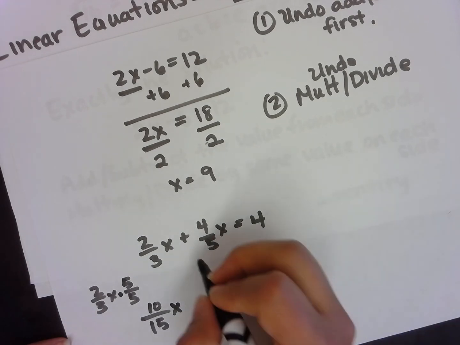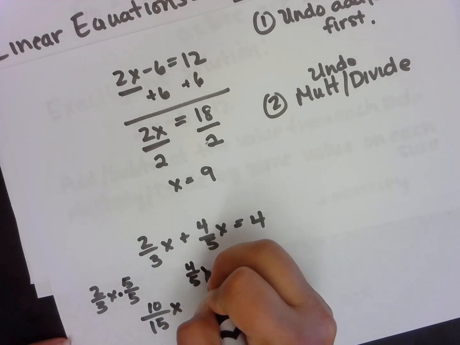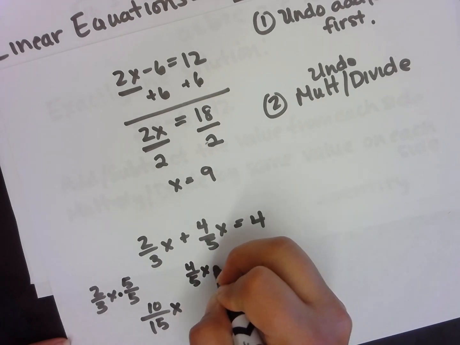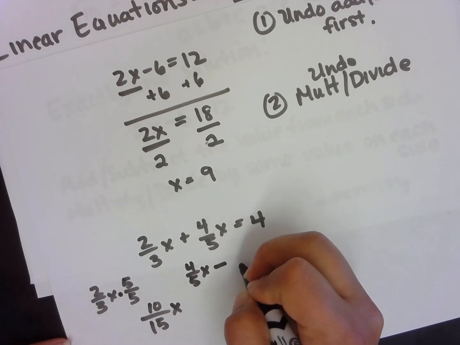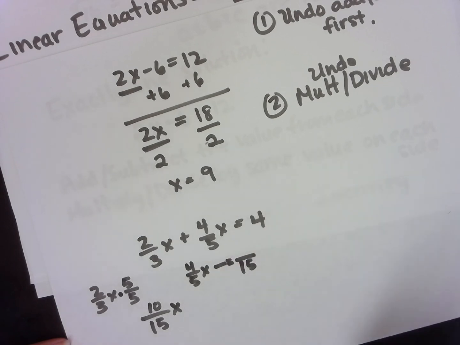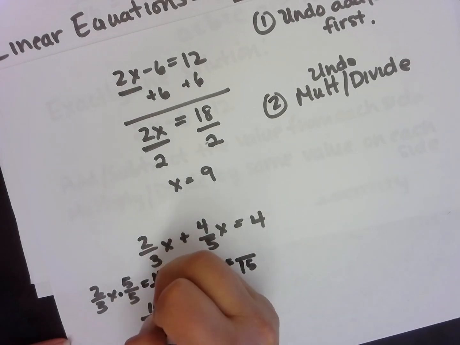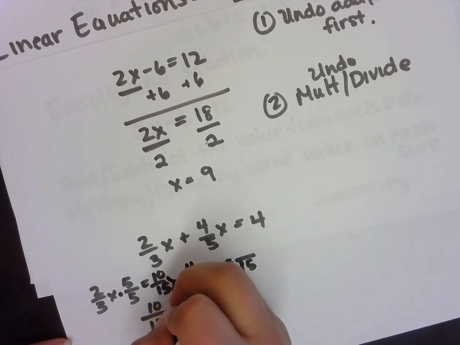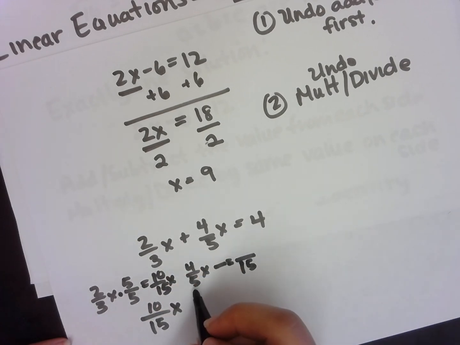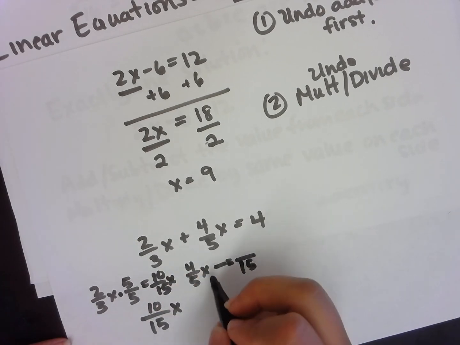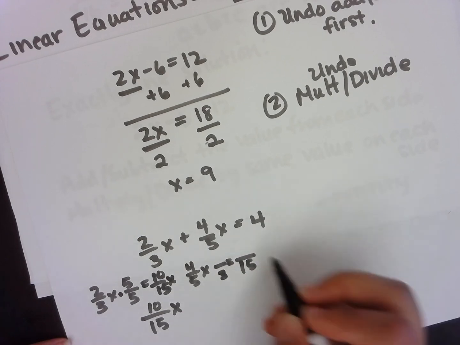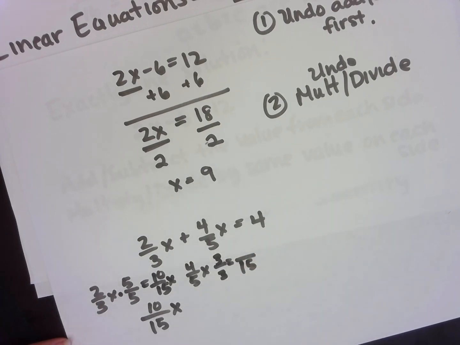So I need to also make 4/5 x equal. I need to multiply it by something to make it into 15ths. So for 4/5, I need to multiply 5, this time by 3 to get 15, so I multiply the bottom, and of course I have to do the same thing to the top. It's like I'm multiplying by 1, so I'm not changing the value of it, I'm only changing the look of it.